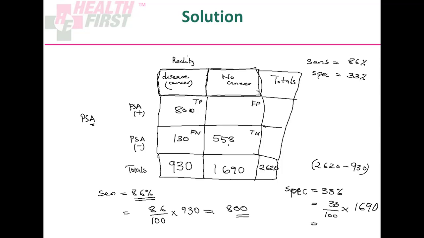So this is what happened here. And this means that if we have the false positives and the true negatives equaling 1690, the remainder here will be easily calculable by saying 1690 minus 558. This will give us a total of 1132.